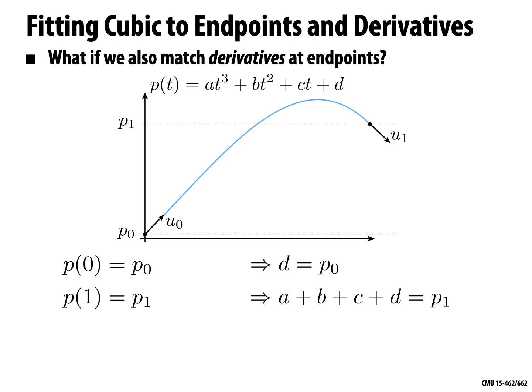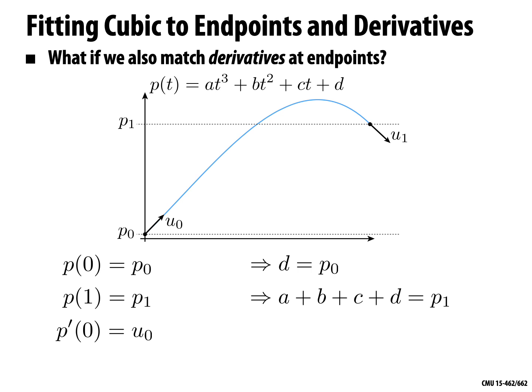Well, once again, we have these same conditions that p of 0 equal p0 implies that d is equal to p0. p of 1 equals p1 implies that a plus b plus c plus d is equal to p1. And also, if we take the derivative of p of t with respect to t, we get 3at squared plus 2bt plus c. Okay? If we now plug t equals 0 into that equation, we get p prime of 0 is equal to u naught.